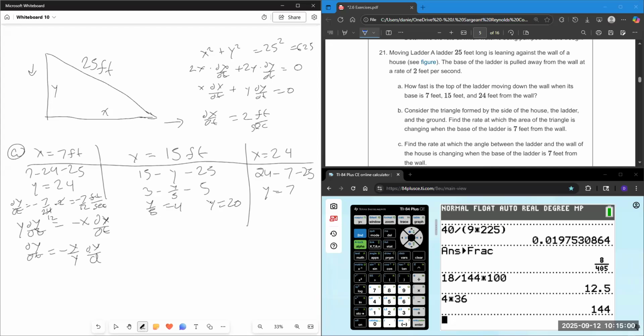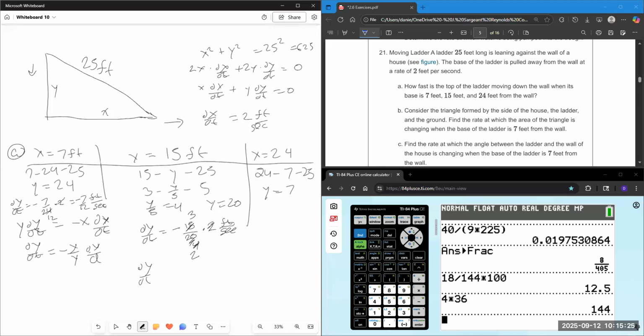In this case here, dy/dt is going to be negative x over y times 2 feet per second. This is 3 and this is 4, and 2 goes into 4 2 times.